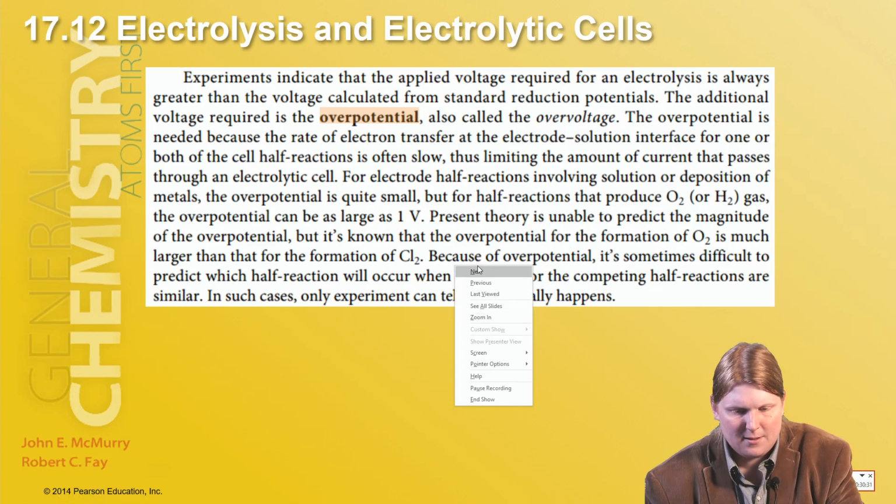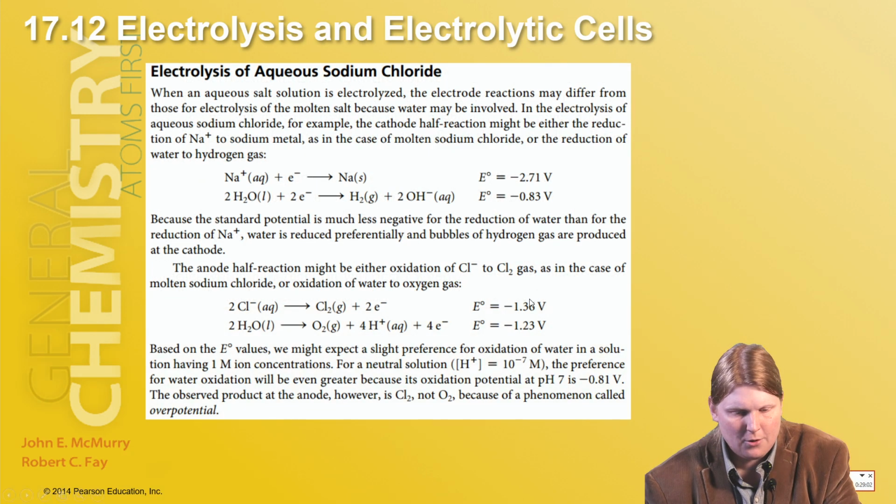That's a point that needs to be noted, and where they're showing that here is this part. We know the hydrogen will go, but it turns out the chlorine goes before the oxygen, even though the voltage for the oxygen is lower, and you'd think there'd be a preference for the oxygen. This reaction is kinetically difficult, and it does seem to be somewhat related to the number of electrons transferred.